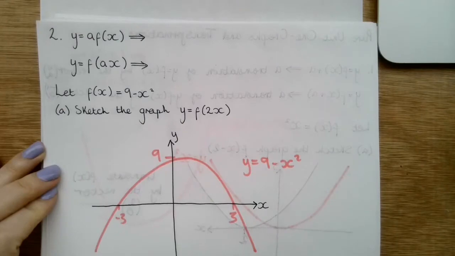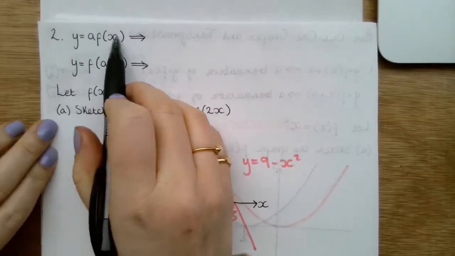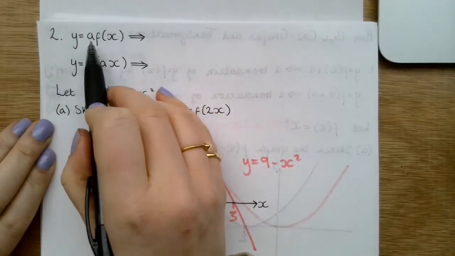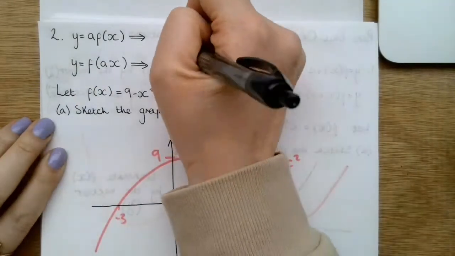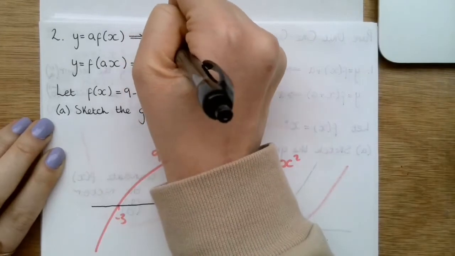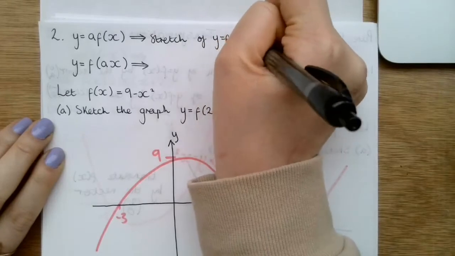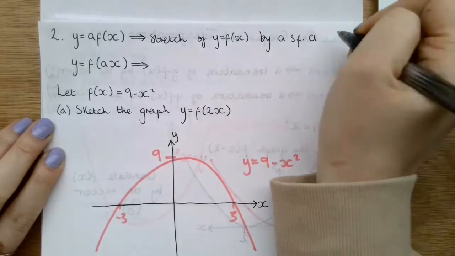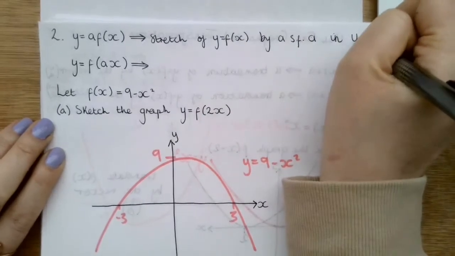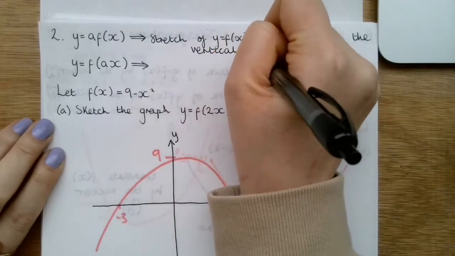The next type of transformation we're going to look at is stretching. So if we've got y equals a f(x), so we're multiplying our function by a constant a, this is a stretch of the graph y equals f(x) by a scale factor of a in the vertical direction.